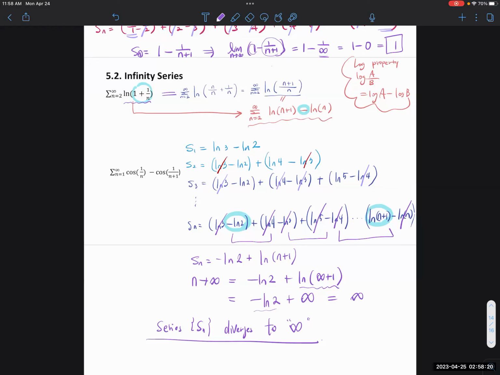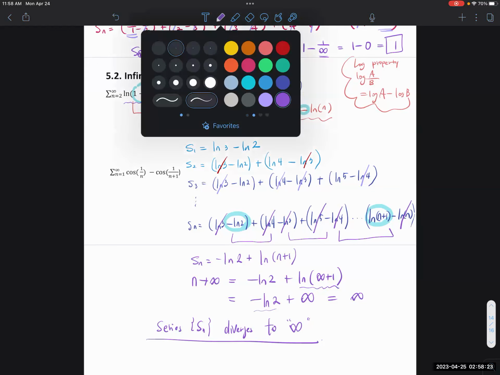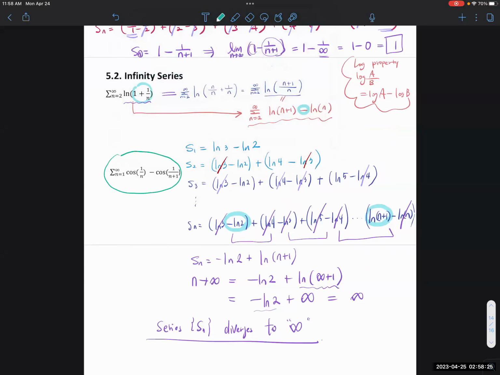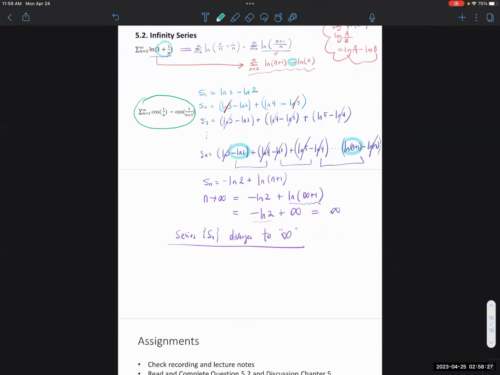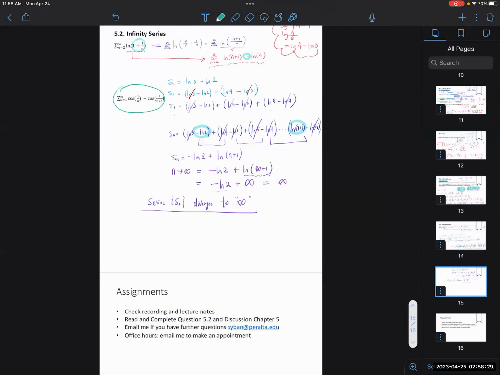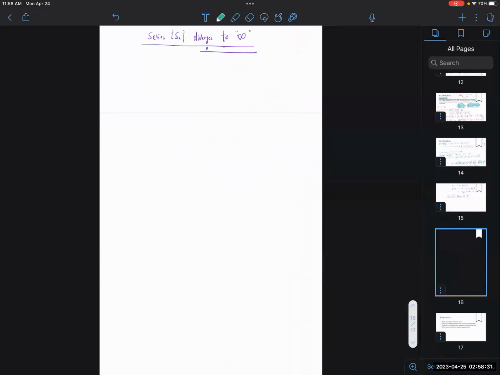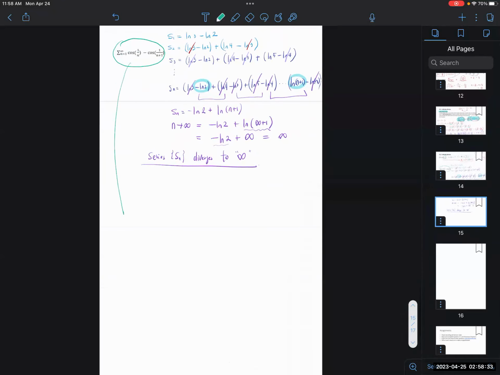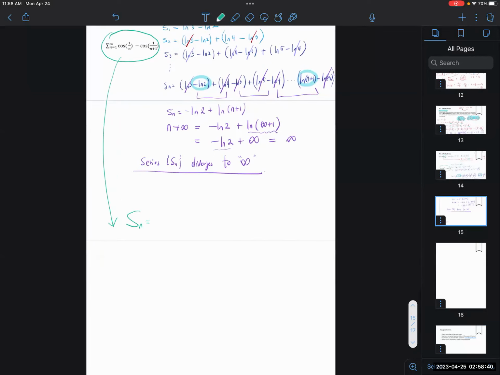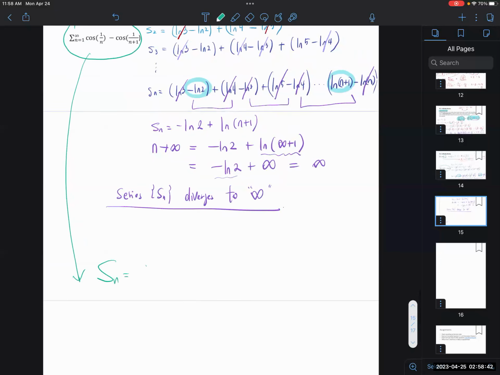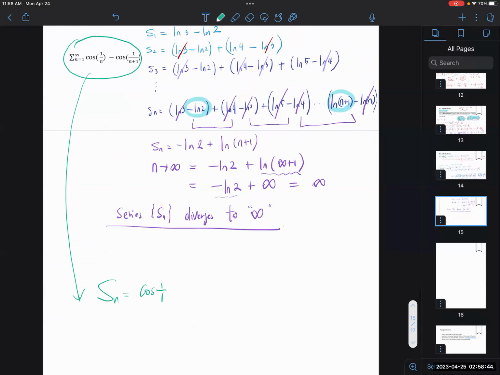Does it make sense? So likewise, you could try this, the last one. I think I'm just going to write one more. So here, think about it. You can just keep going. Sn, right? Keep adding cosine of 1 over, because they already have a subtraction.